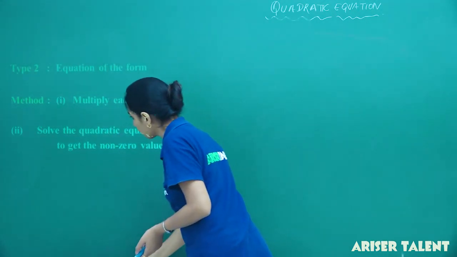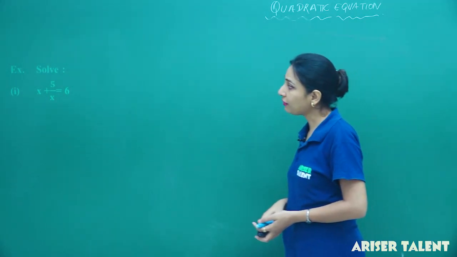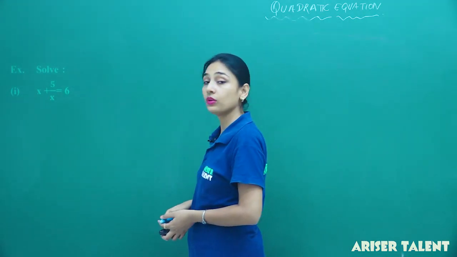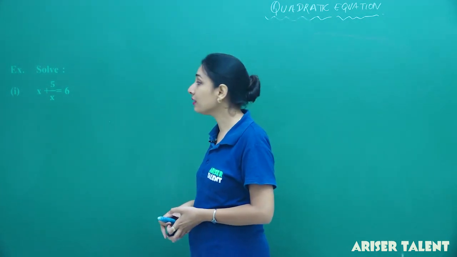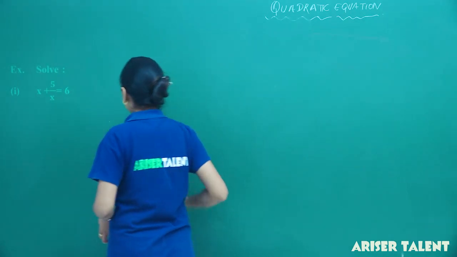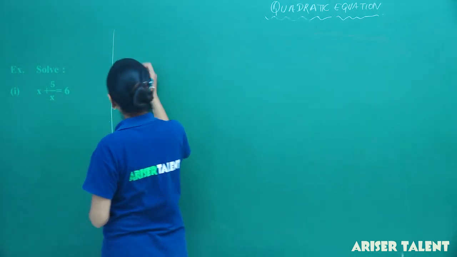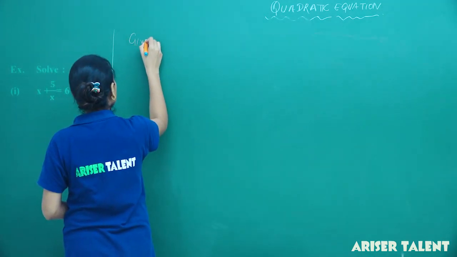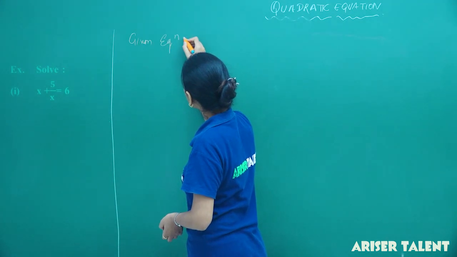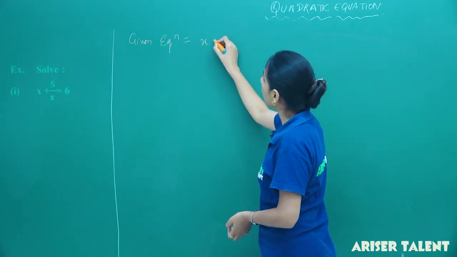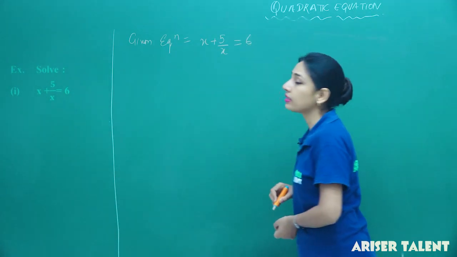Right. Okay. Solve x plus 5 by x equals to 6. Again, this is the same manner. Right. So, we will start the solution. So, the given equation is x plus 5 by x equals to 6.